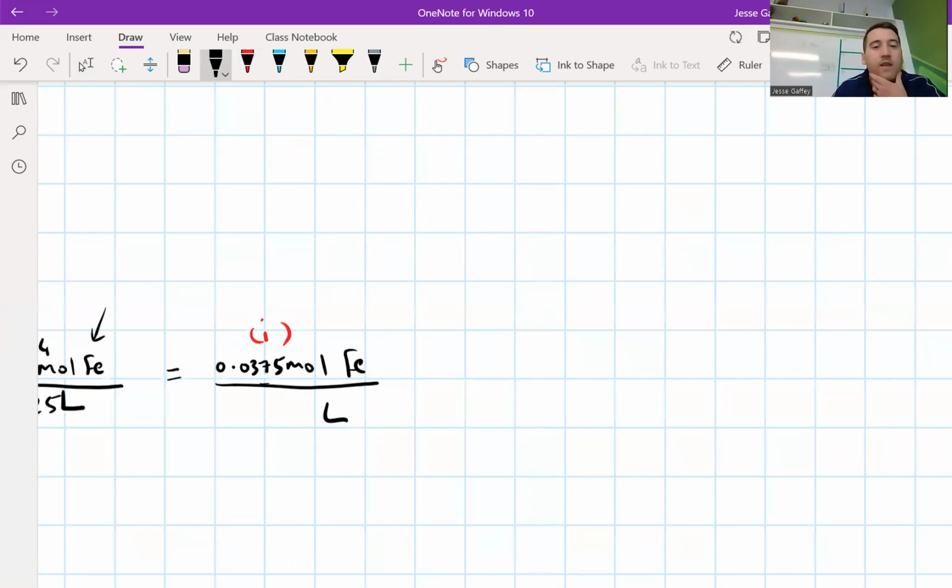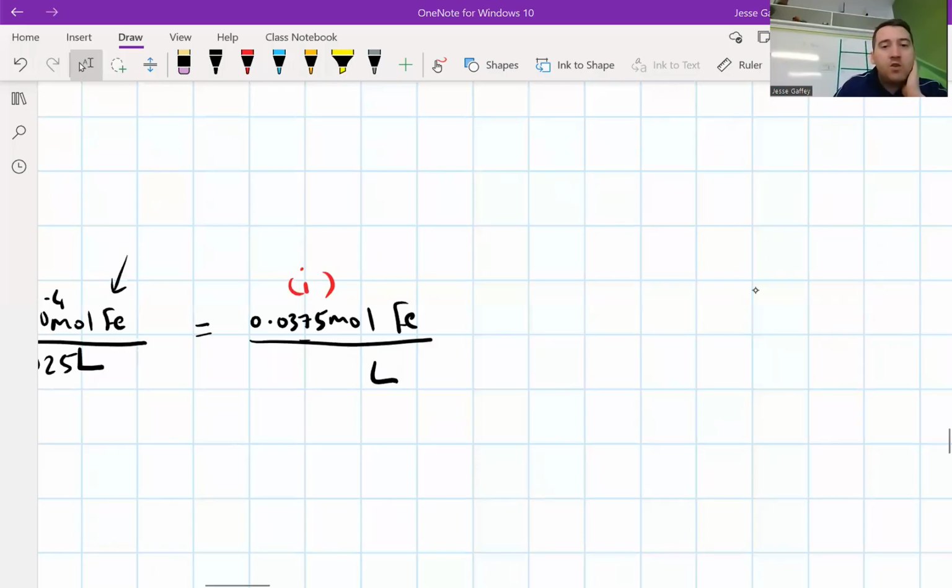Okay, so let's get you guys to pause the video and try and plan out the steps to go from moles of Fe per liter to grams of Fe per 250. You should only be playing along now if you've planned it out.